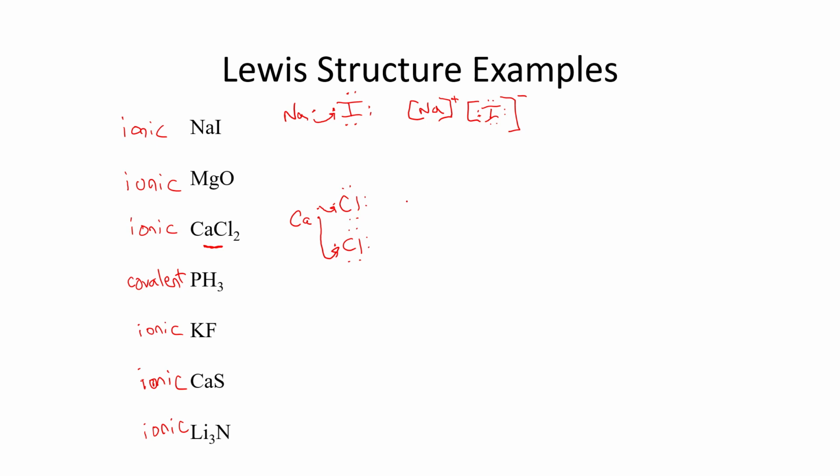So I have Ca in brackets that becomes positive by 2. And then I have 2 chlorines in brackets with all of their 8 in their outer shell.